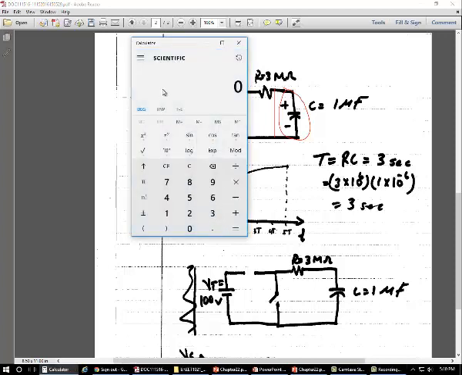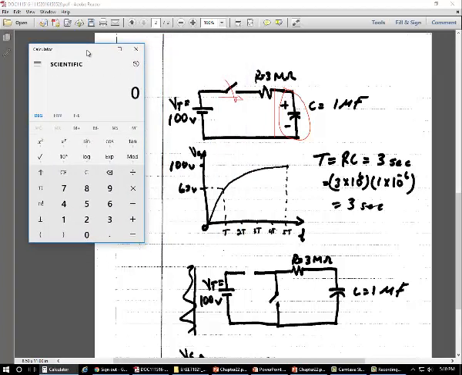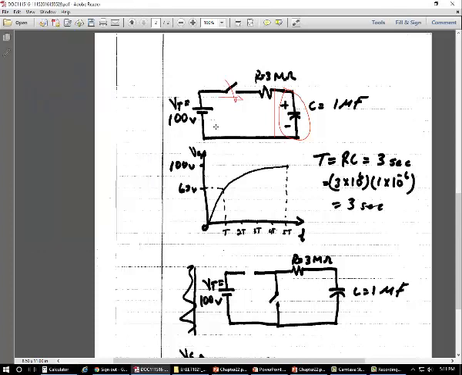The current in the circuit would be 100 volts divided by 3 megaohms, which gives 33 times 10 to the minus 6, so about 33 microamps.